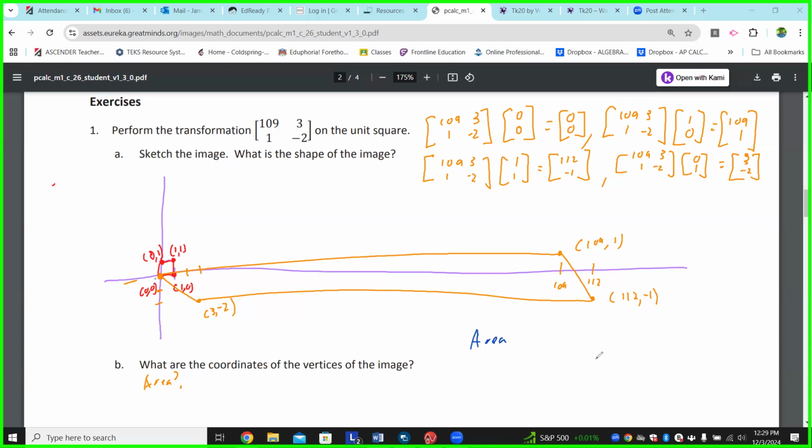Area using determinants is what this is called. How do you spell that? Determinant. All right, so this is the part that you need to know. I was trying to make a connection with the Pythagorean theorem.